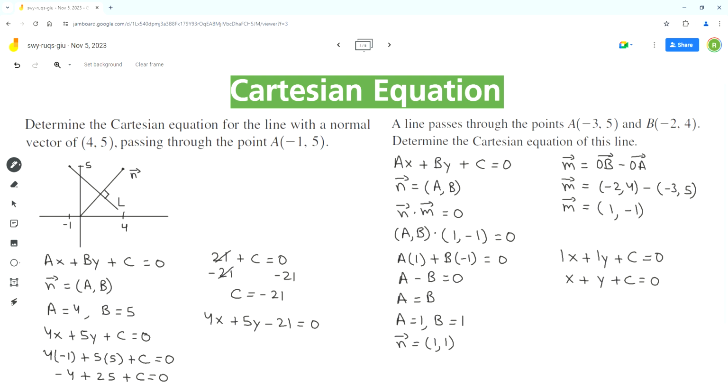So we can sub in x as negative 2 and y as 4. Now we have to solve for c. So c is equal to negative 2. That means the Cartesian equation of this line is x + y - 2 = 0. So this should be the final answer for this second problem.